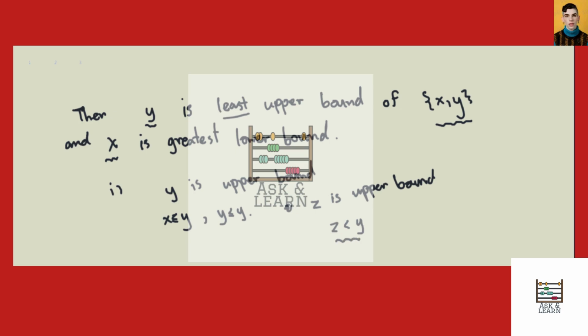If Z is less than Y, then Z cannot be an upper bound anymore, since we need Z to be at least Y because Y is an element in the set. So Y is the least of them all, the least upper bound. And by similar logic, X is a lower bound by default, and X is the greatest one of them. There is no lower bound that can be greater than X, because it would no longer be a lower bound at that point.